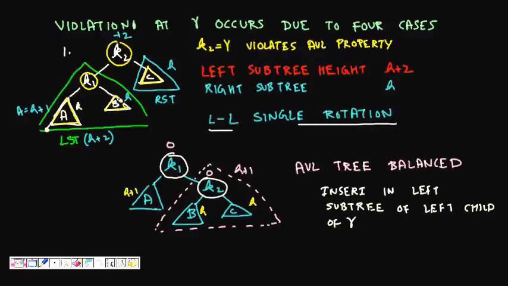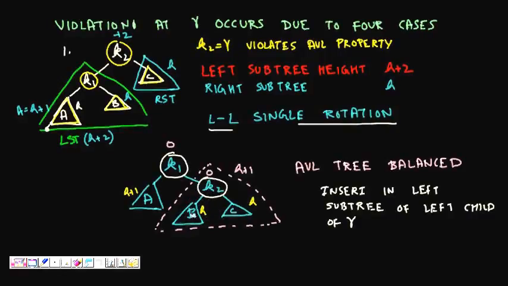So subtree B can now become what? K1 is less than K2, and everything in B is less than K2, but everything in B is greater than K1. So K1 is the root, K2 becomes its right child, and everything in B becomes the left subtree of K2.